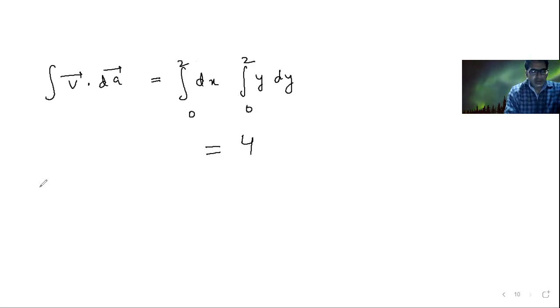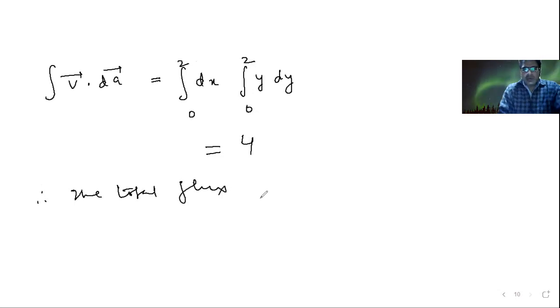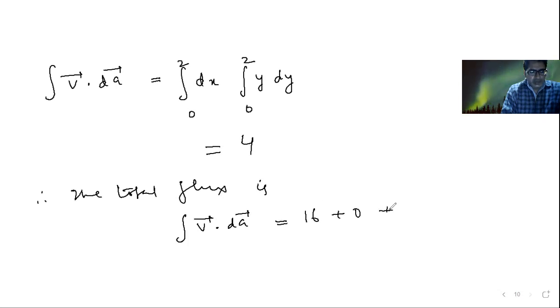Therefore, the total flux, that is the value of the surface integral over the faces, is we have to sum all the faces. One face was 16 plus second face was 0, then 12, then minus 12, then 4. 16 plus 0 plus 12 minus 12 plus 4, which is simply 20.